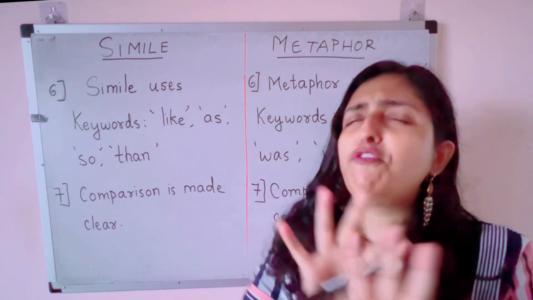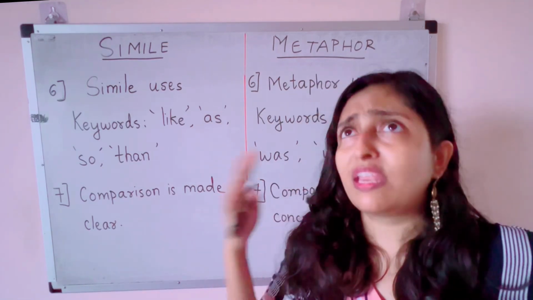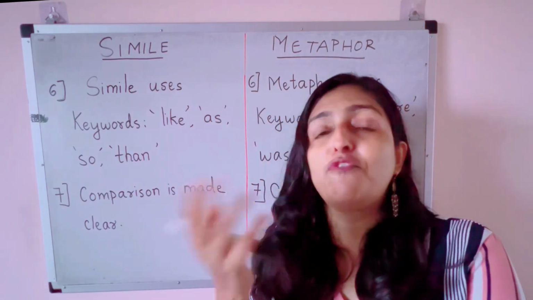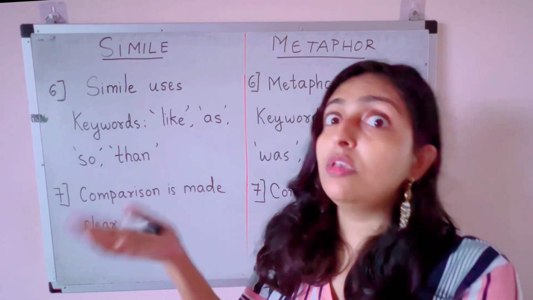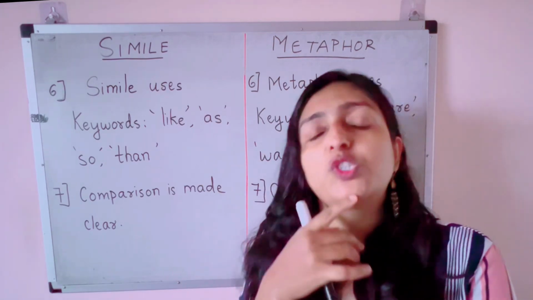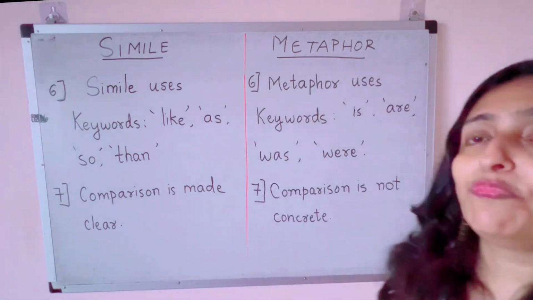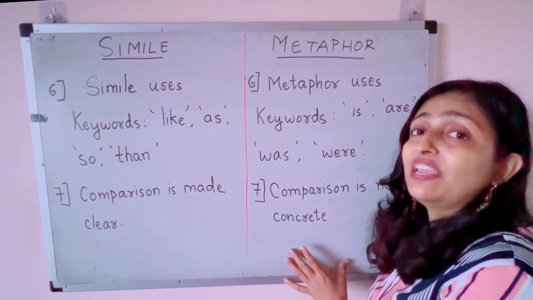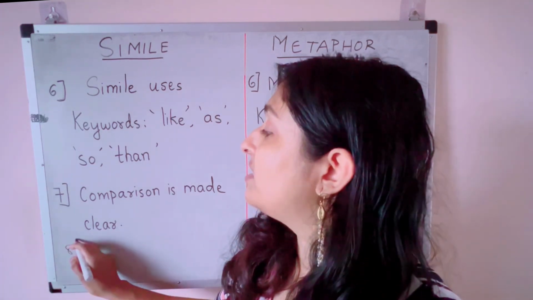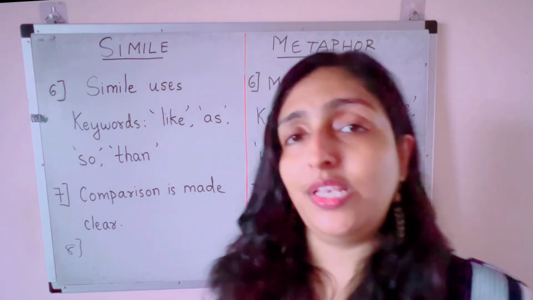Things are very foggy and obscure. We get confused. The audience is left to imagine for himself what could be the inference, what could be the moral, what the speaker is trying to say. So these things happen in metaphor. For the 8th point, we'll discuss the examples.